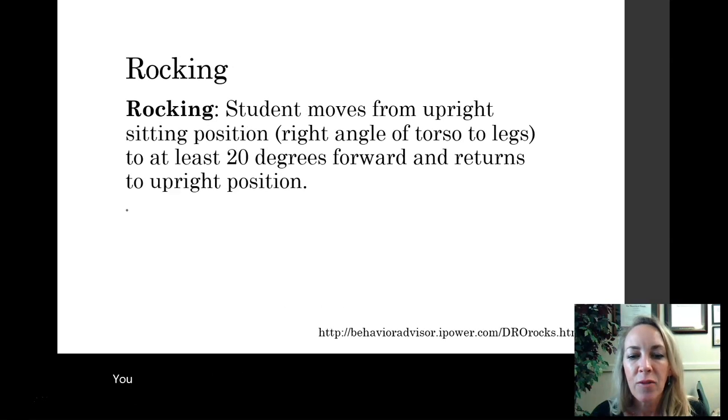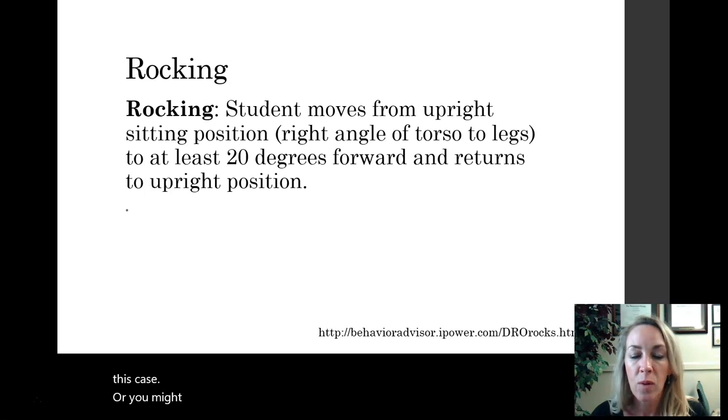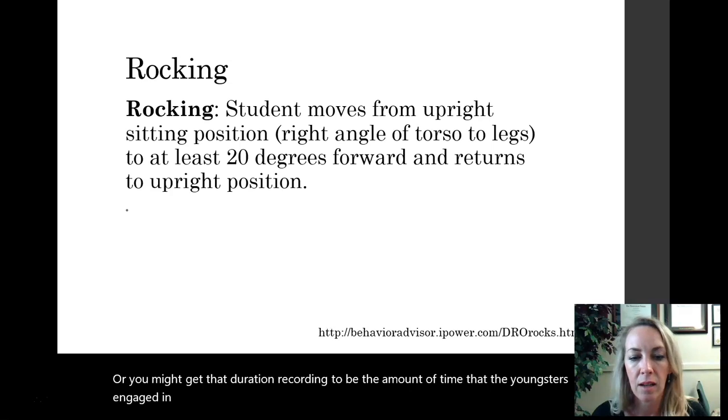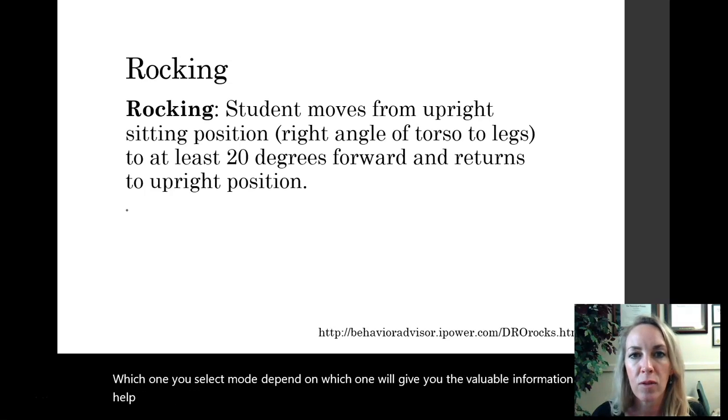You might conduct frequency recording in which each cycle counts as one episode of rocking in this case. Or you might conduct duration recording to be the amount of time that the youngster is engaged in the behavior of rocking. Which one you select will depend on which one will give you the valuable information and help you determine the effectiveness of your future intervention.